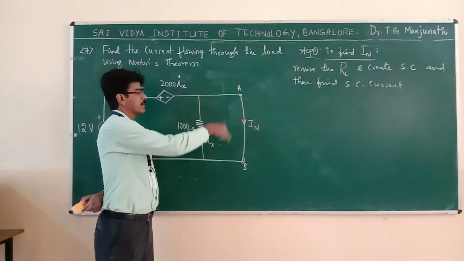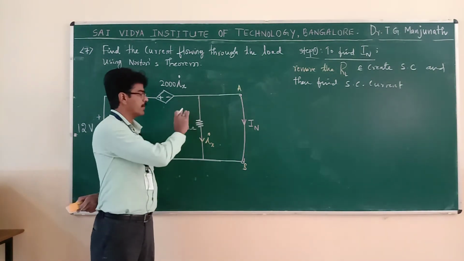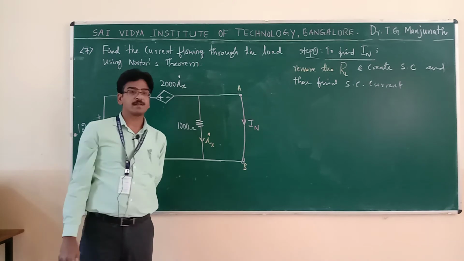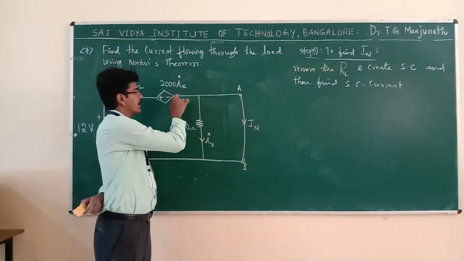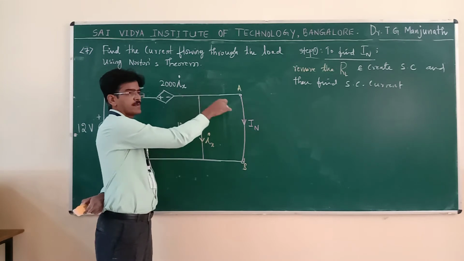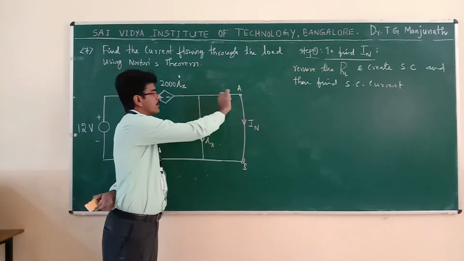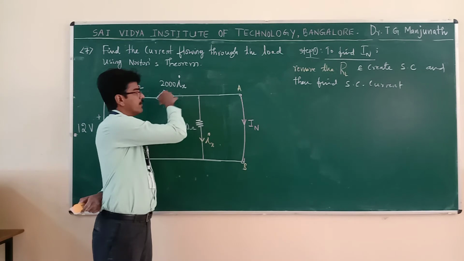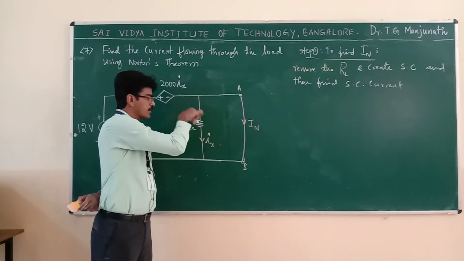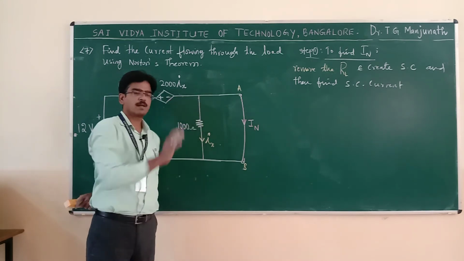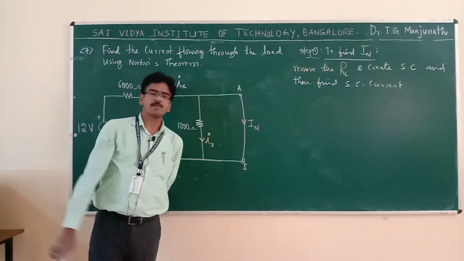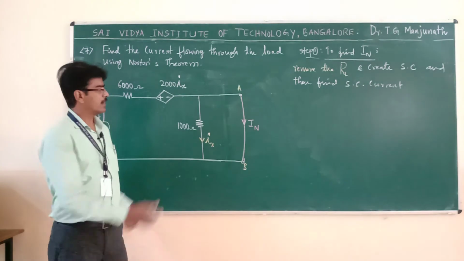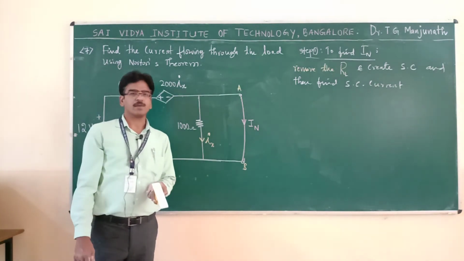Why? Because current always prefers to flow through the least resistance path. So, here when the current comes like this, you have two paths. Always current prefers to flow through this path. When current flows through this path and no current flows through this path, then this resistance is of no use. Therefore, this becomes redundant, means it's of no use in the circuit.